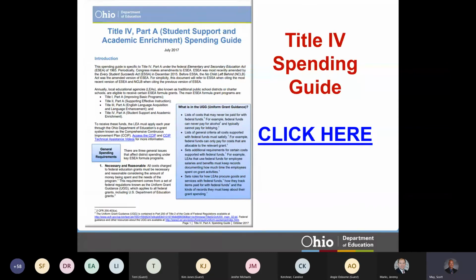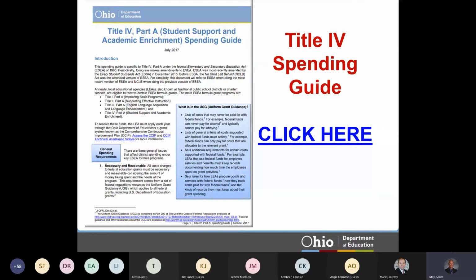And just like some of the others, there's a great Title IV spending guide that was created for your use. Again, it's located in the document library. It's located on the website. So again, research and really look at the true definitions of all those allowable activities.